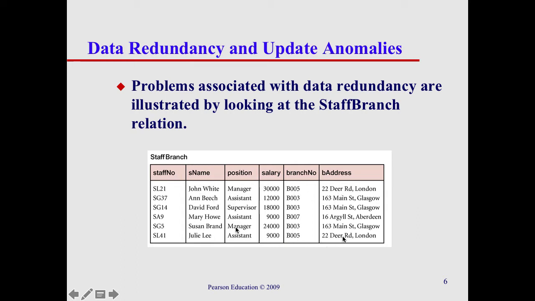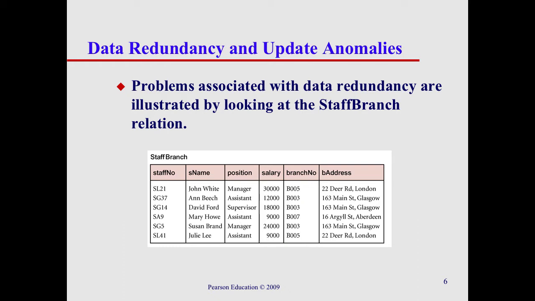Okay, if you don't, that's a data inconsistency because unless we're in quantum physics, you can't really have the branch existing at multiple locations at once. Okay, same thing when you see branch B003, it better be always at 163 Main Street, Glasgow. So that is a redundant piece of information.